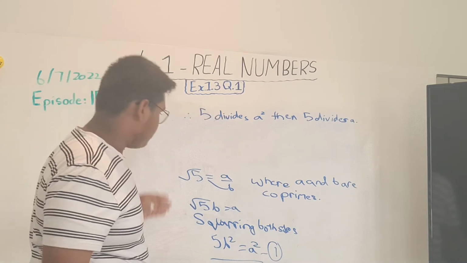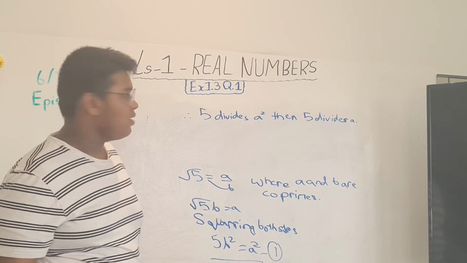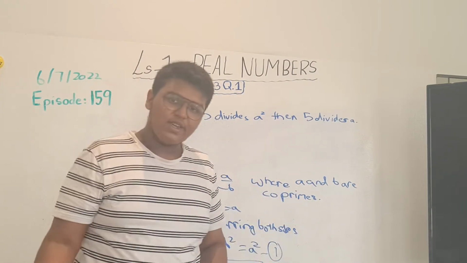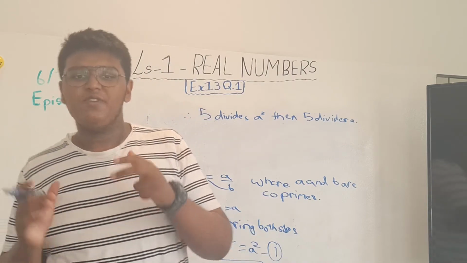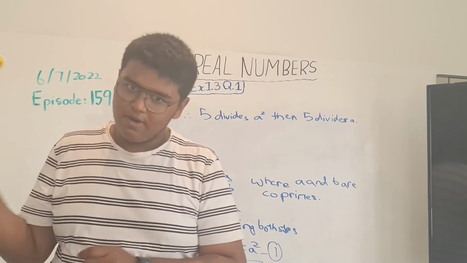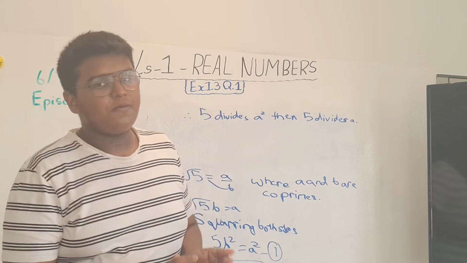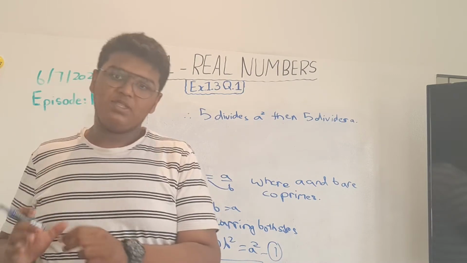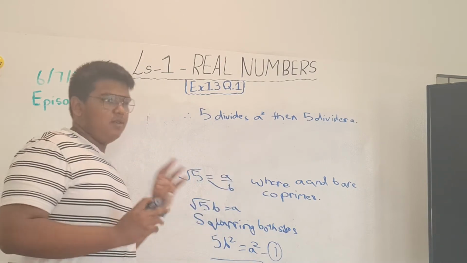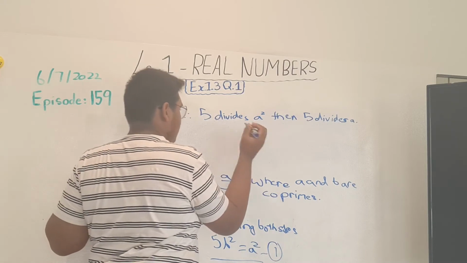Because if 5 divides a square, then it can also divide a. A square is the square of that specific number, and a is that number. So if 5 divides that specific number, it can divide the square also. So that is the concept.